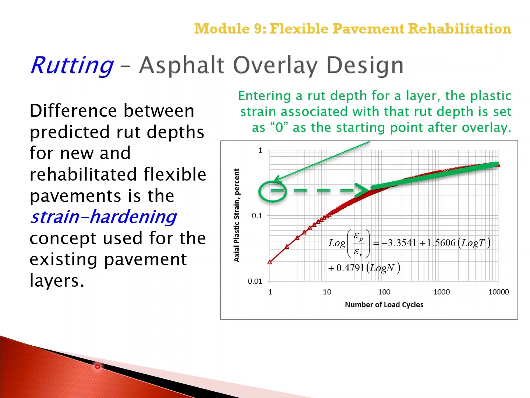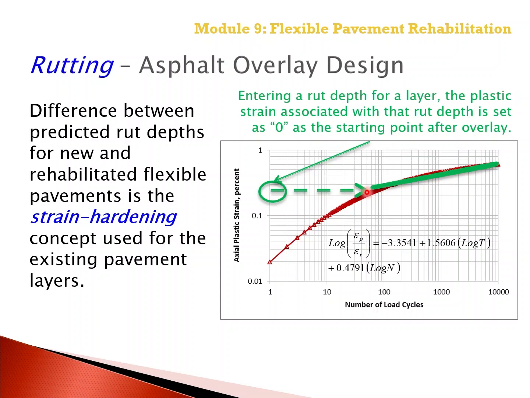So specifically for the asphalt layers, we have an existing rut depth that is related to or defined by an axial plastic strain. So the strain level then corresponds to a specific point on the transfer function between number of loads and axial plastic strain.